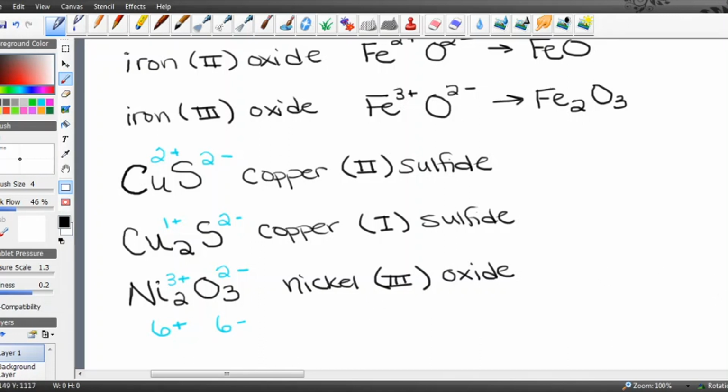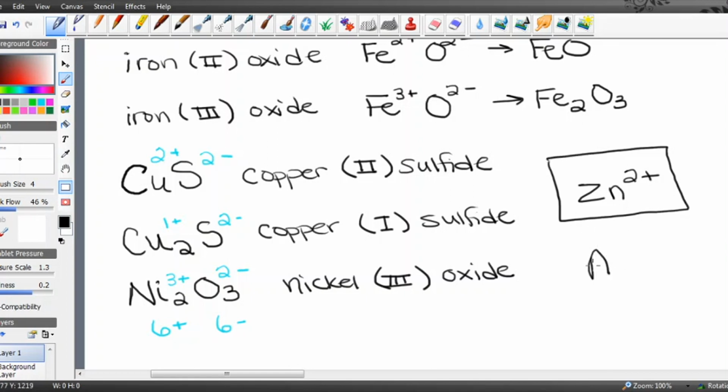Okay. Now, there are 2 transition metals that do not have Roman numerals in their names because their charges are always the same. And that is zinc, always has a 2+ charge, always. So you're not going to see a Roman numeral for zinc.